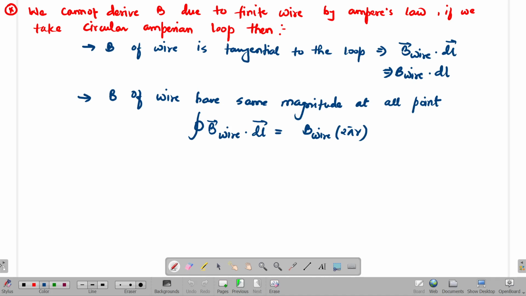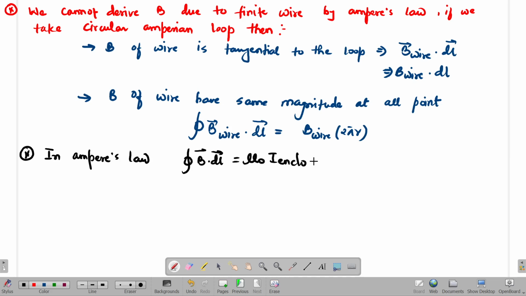Now, this implies one of the most important factors: in our Ampere's law, when we select such closed loops to find B, which is equal to mu naught into I enclosed, these magnetic fields are due to everything, every object.